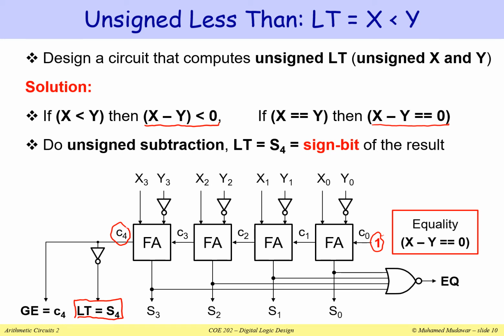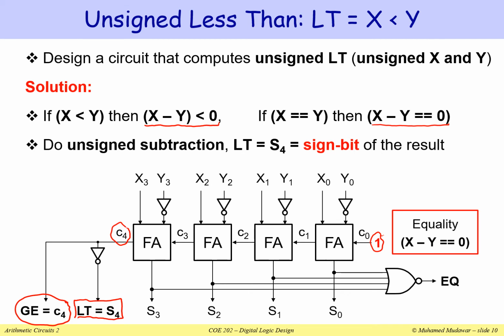Now, if C4 is equal to 1, it indicates that it is greater than or equal. So if it is not less than, it will be greater than or equal. If you would like to check for equality, you have to check the sum bits S0, S1, S2, and S3.